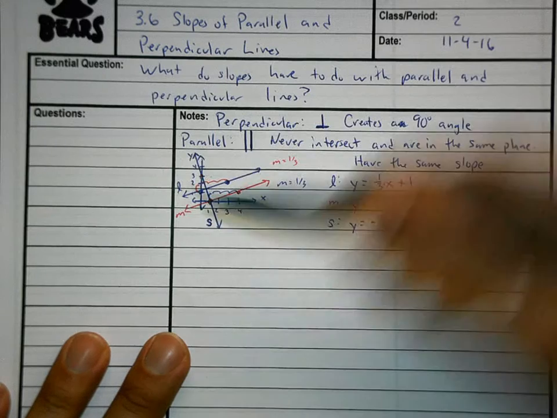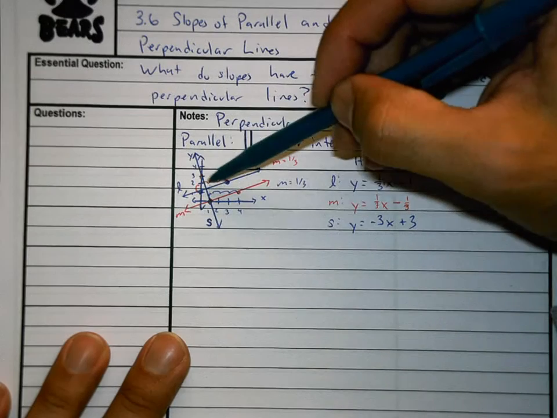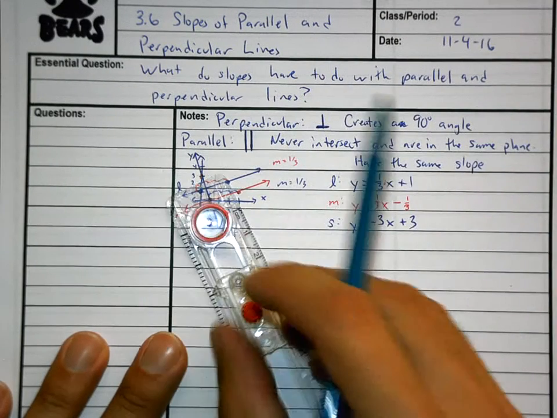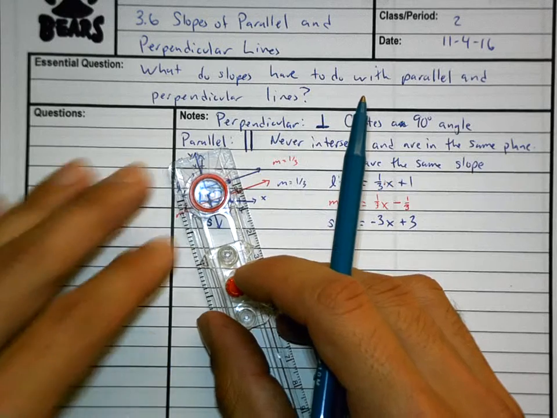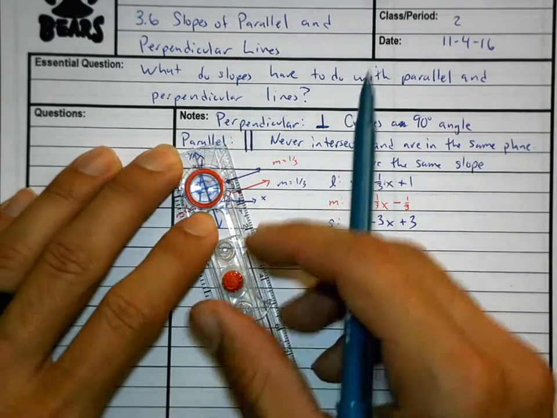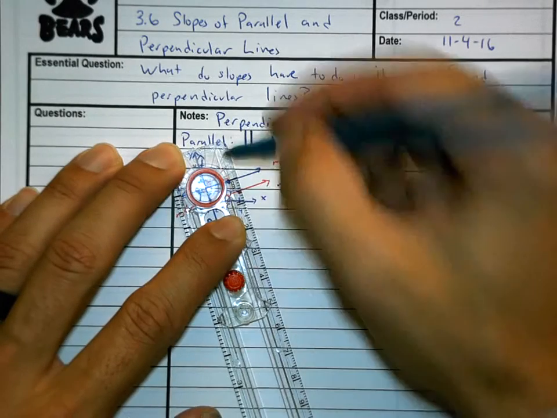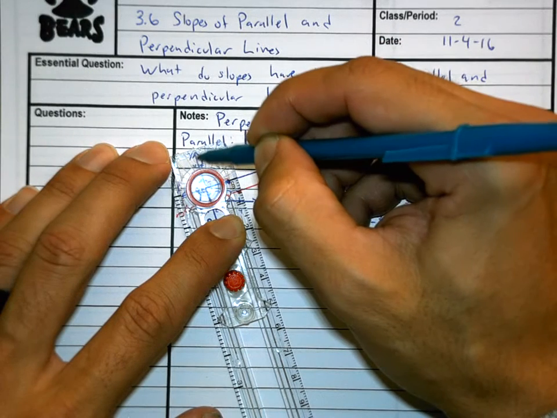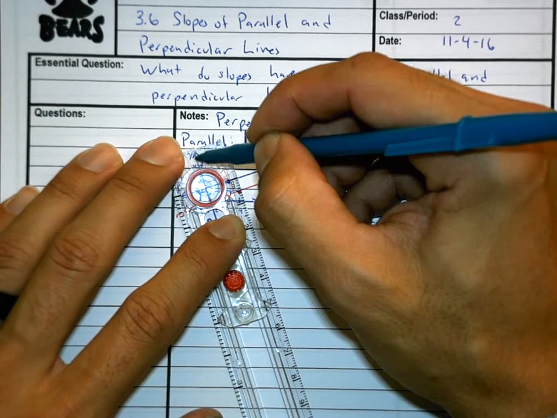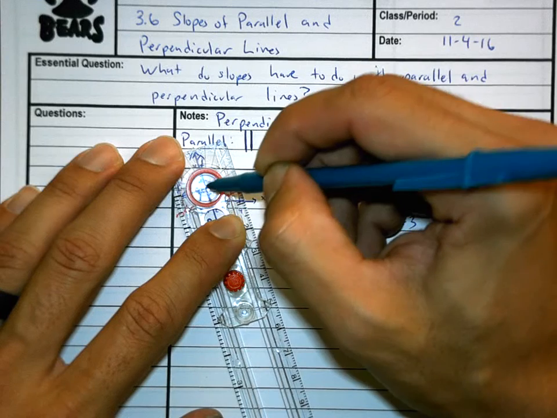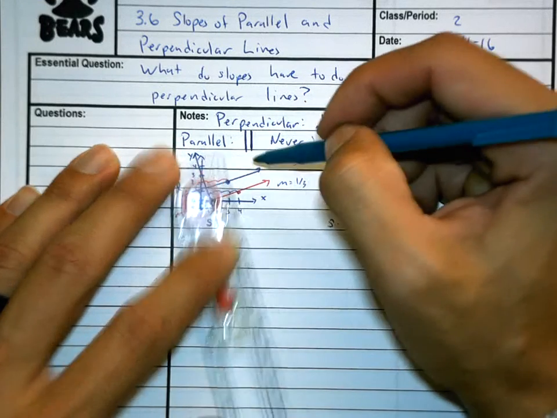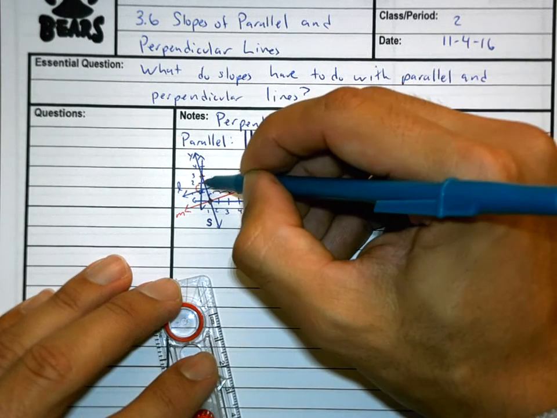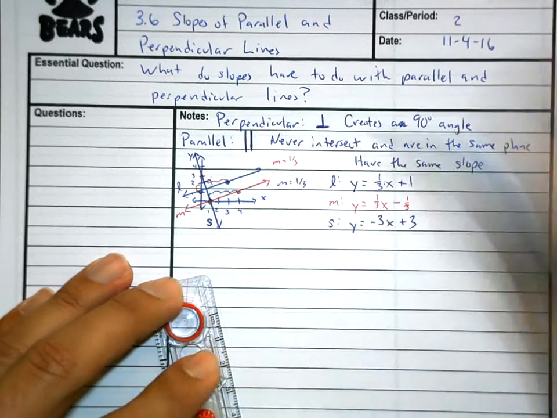Line S, does this make a perfect right angle? Let me see, because I actually have a little tiny protractor on this thing. From here to there is 90 degrees, and this line lines up perfectly with that line, and this line lines up perfectly, and my bullseye's right on it. This is a perfect 90-degree right angle.